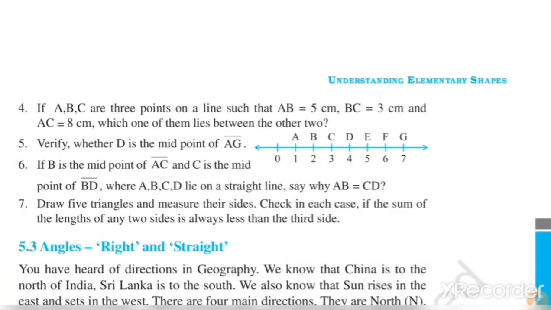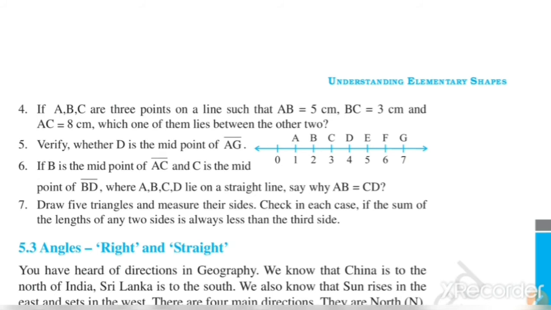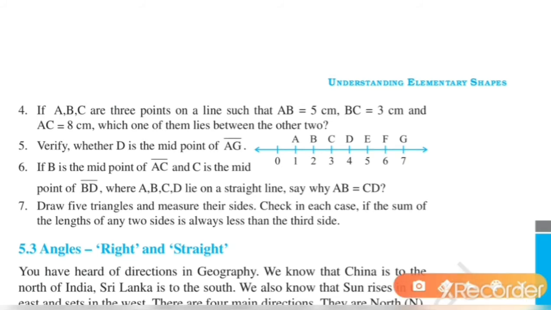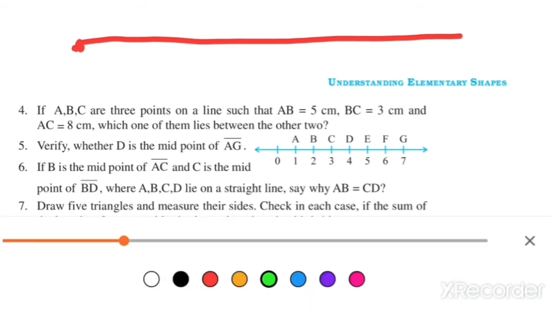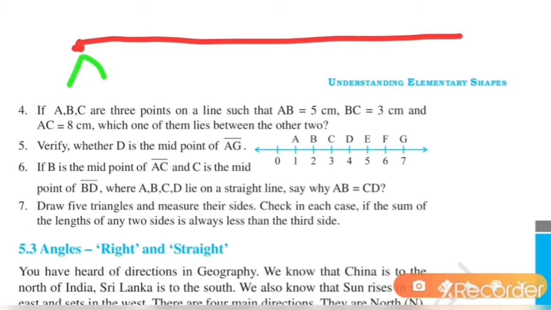Question 4. If A, B, C are 3 points on a line. Look, here we have one line. 3 points are there. Point A, point B and point C, where AB equals to 5 cm. Measurement of AB is 5 cm.